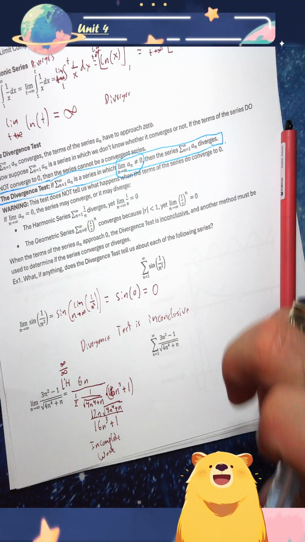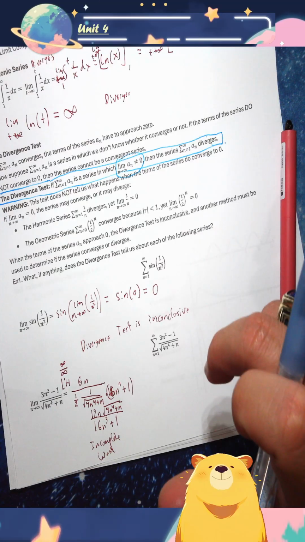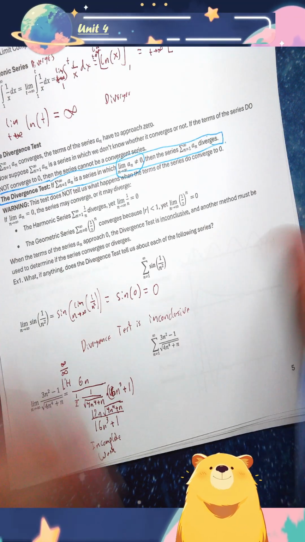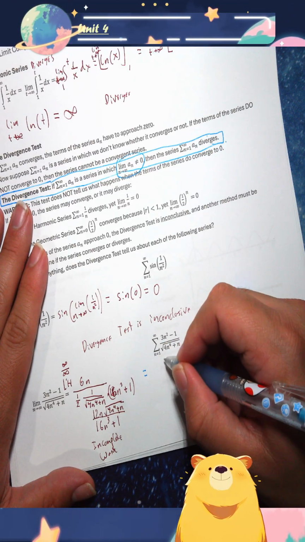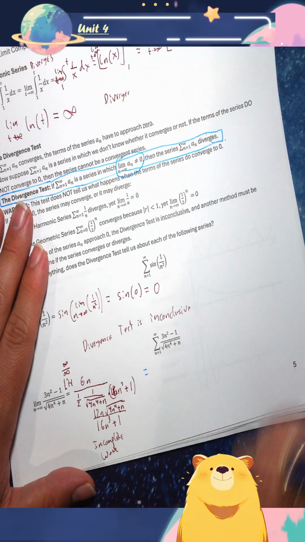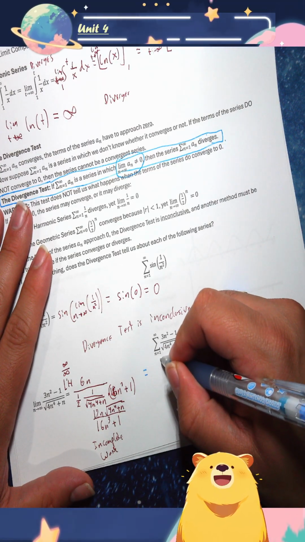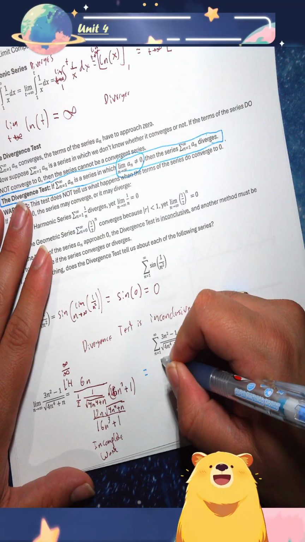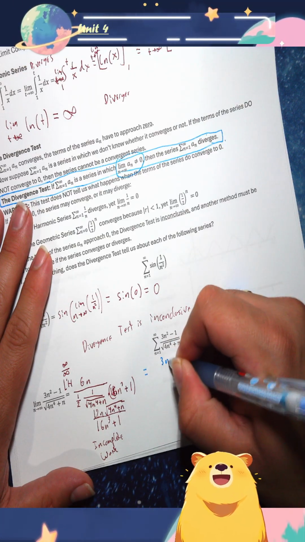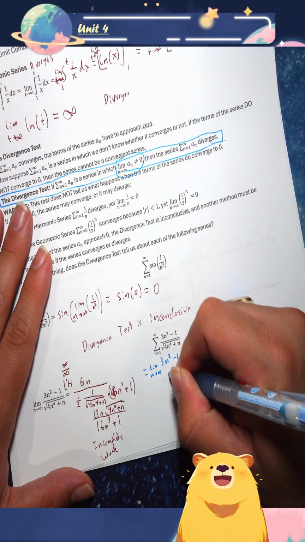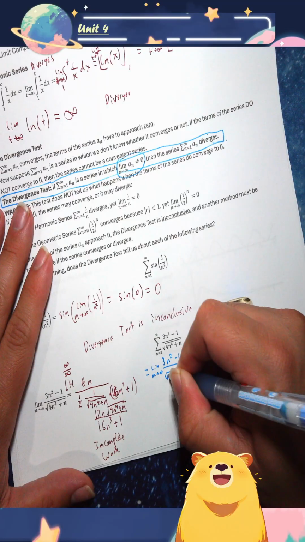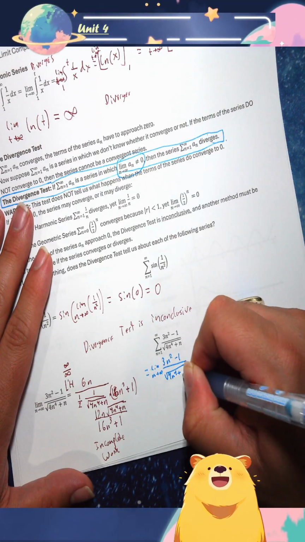Let's jump to just doing it as 3n squared minus 1, limit as n goes to infinity, over the square root of 4n to the power of 4 plus n.